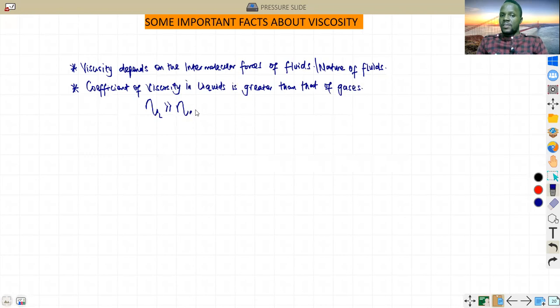Of gases. In fact, in real gases, that's why I say you have to follow the trend of the video. In real gases, that is when we can have what we call coefficient of viscosity or intermolecular force. We assume in an ideal gas that there is no intermolecular forces between the layers of gases.